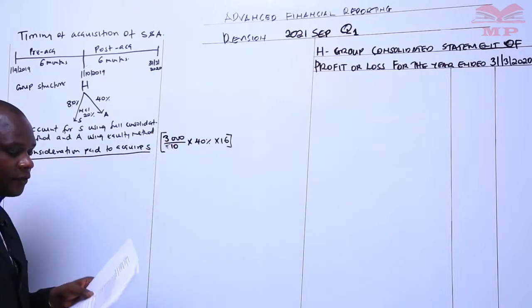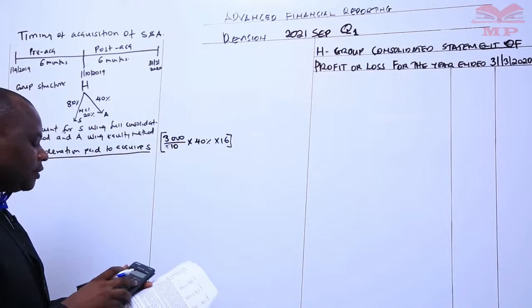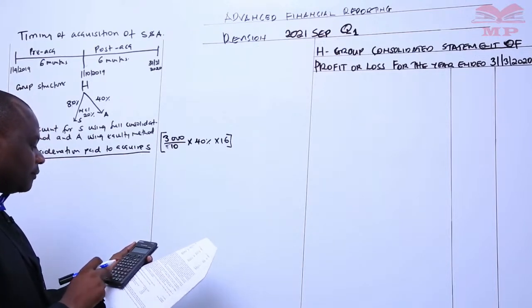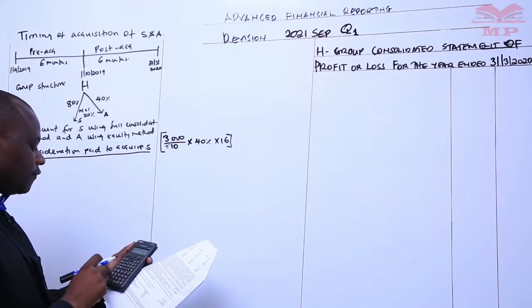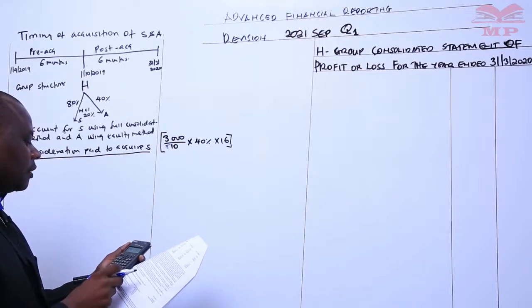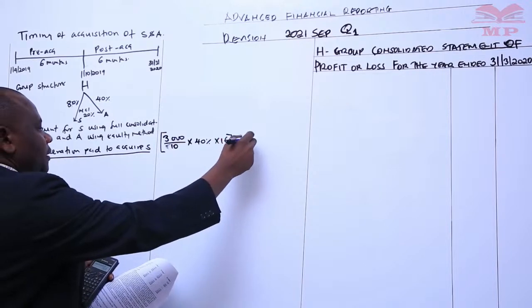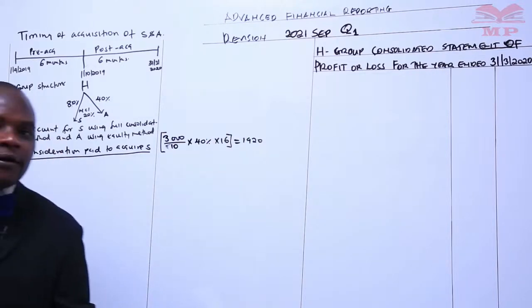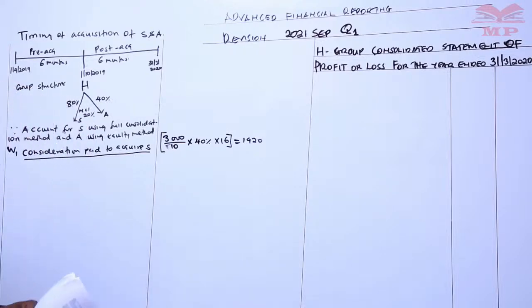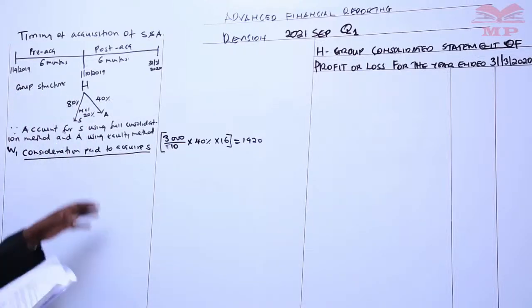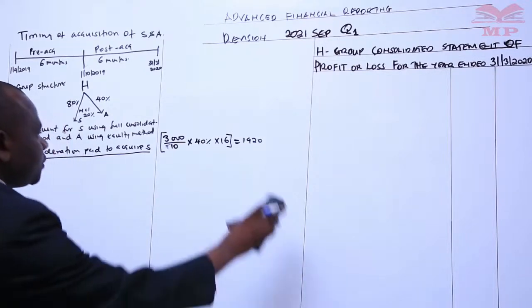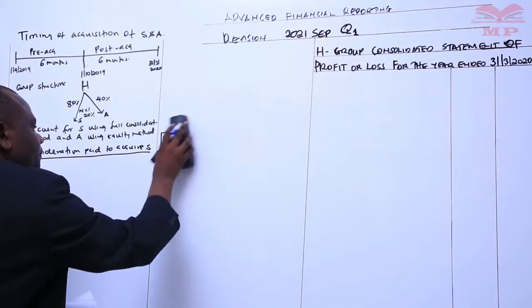If you do that, you're going to get 1,920 million. So 3,000 divided by 10 times 0.4 times 16, you get 1,920. So it has already been calculated and recorded. It is the consideration paid to acquire S that you need to look for and record. Okay, so we proceed.